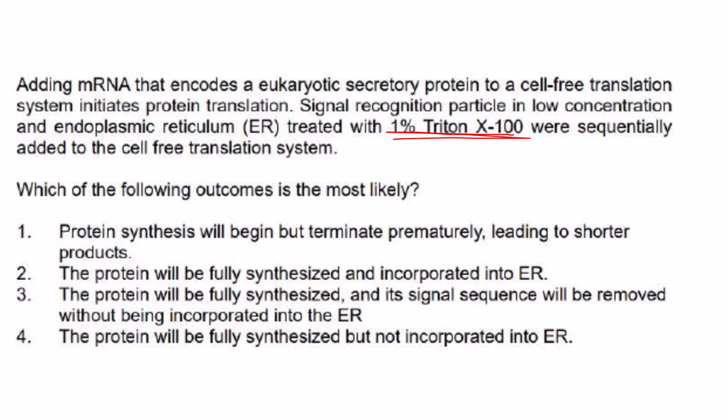Okay. Now what will happen here? The SRP will bind to the signal peptide on the newly synthesized protein. Then it will not be able to enter the endoplasmic reticulum lumen because the SRP receptor is not there on the endoplasmic reticulum membrane. The membrane itself is solubilized or disrupted.